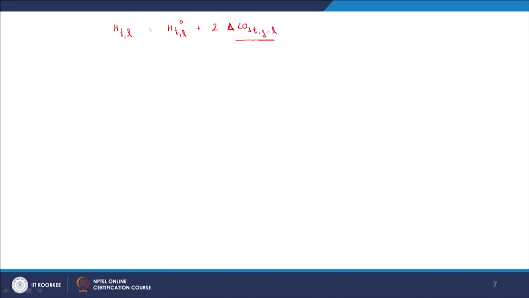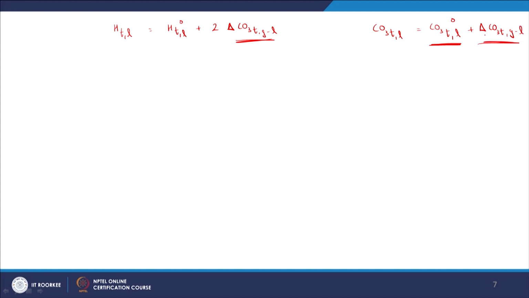And let us try to simplify this further. We know that CO3 total in the liquid phase at equilibrium is going to be equal to CO3 total in the liquid phase initially, again this is initial, so we know what this particular value is, plus the change in CO3 total from gas to liquid.